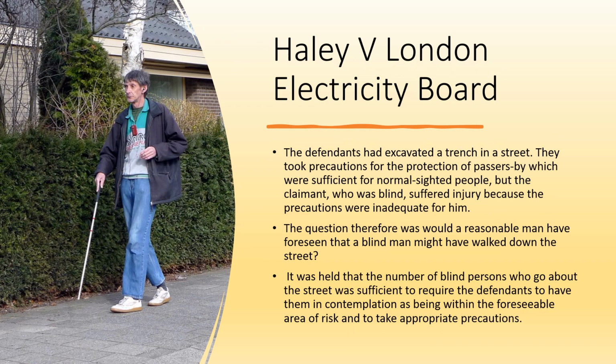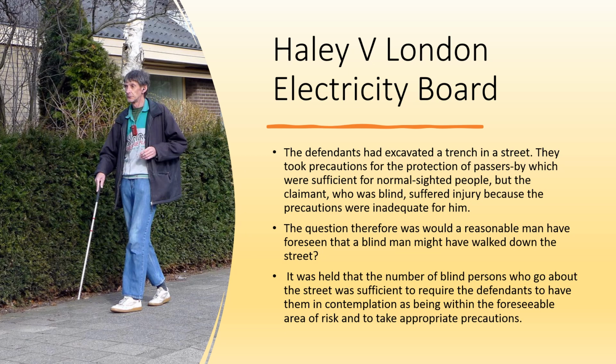Now we've got Haley v London Electricity Board. In this case, the defendant had excavated a trench in the street. They took precautions for the protection of passers-by, which were sufficient for normal sighted people. But the claimant here, who was blind, suffered injury because the precautions were inadequate for him. The question here was, would a reasonable man have foreseen that a blind man would walk down the street and therefore be injured if there were no barriers, for example?